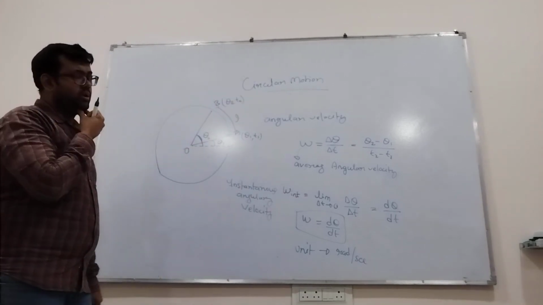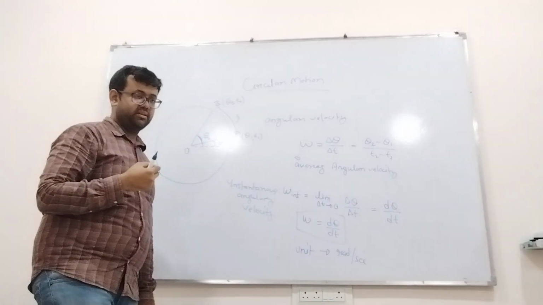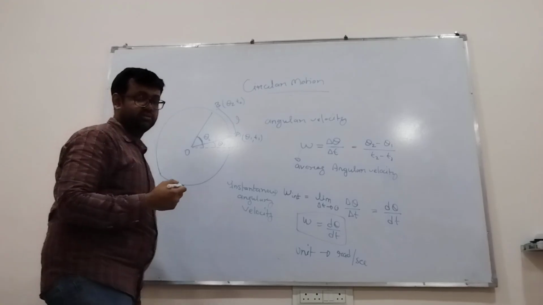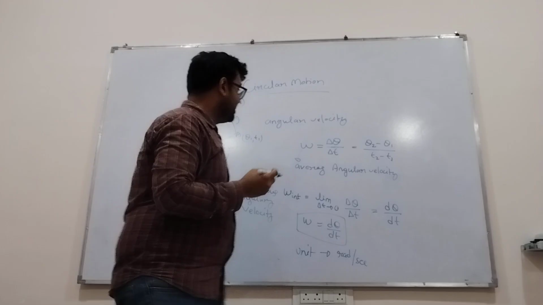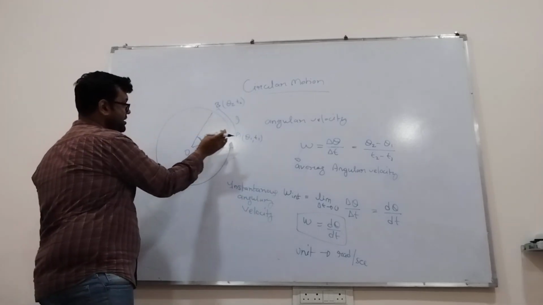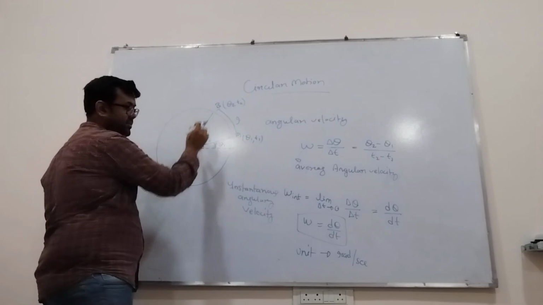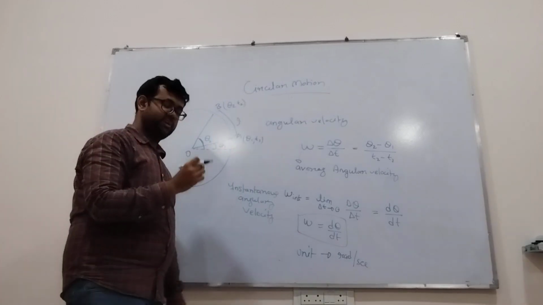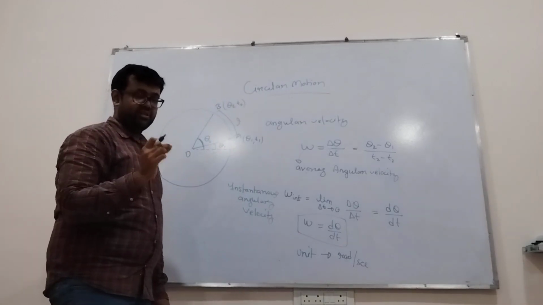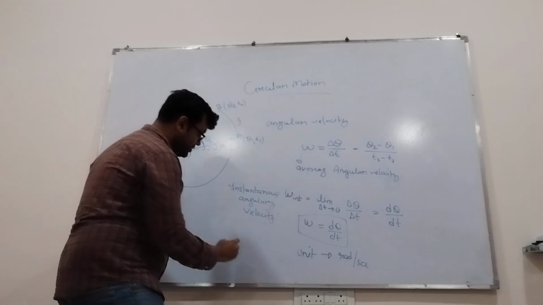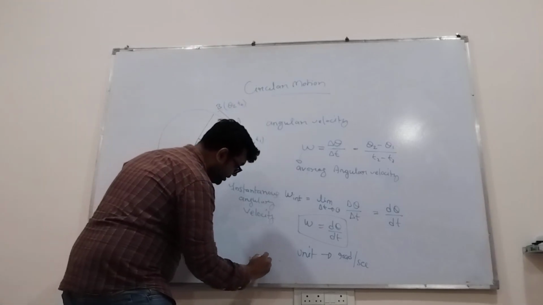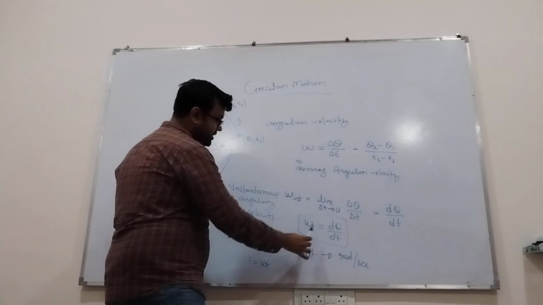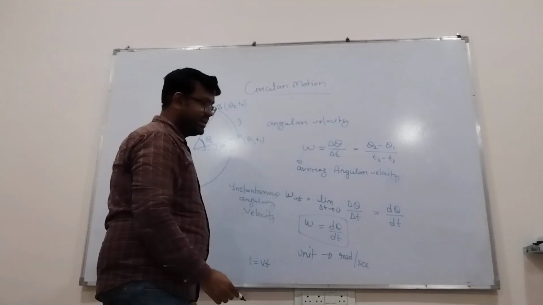Suppose the object is moving with a uniform velocity, that is v. So this length L will be what? Velocity into the time. If it is equal to time t while moving from A to B, the distance L will be nothing but the speed into the time, not the velocity. It is speed into the time. So if I put this value here, what will you get?